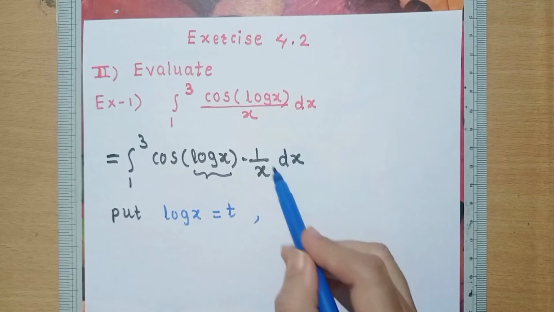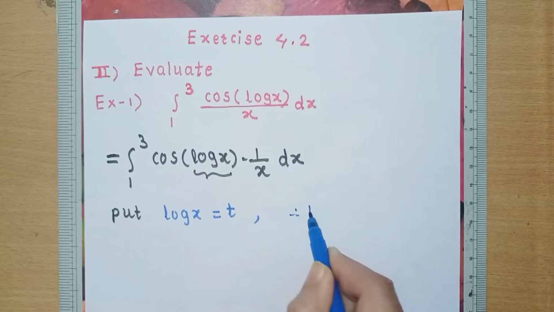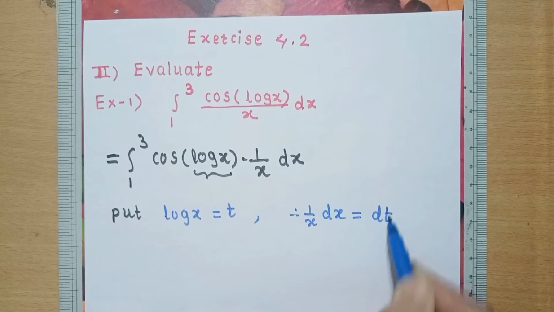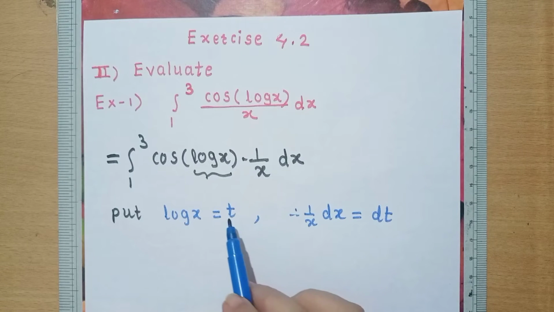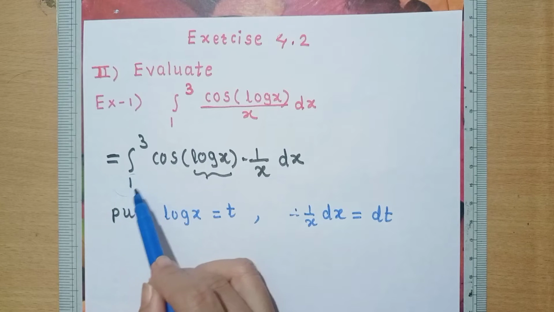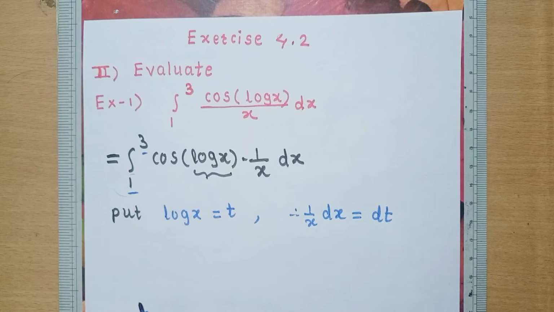So we have to replace this dx also. So differentiating this, we have 1 upon x dx equal to dt. Now look here, now we cannot substitute these two things only. We have to replace this 1 and 3 also, because these are the values of x.